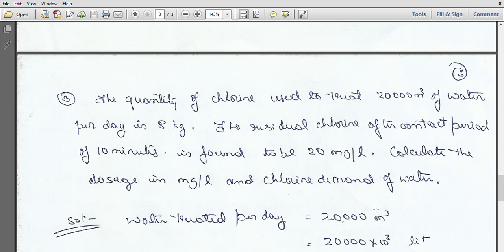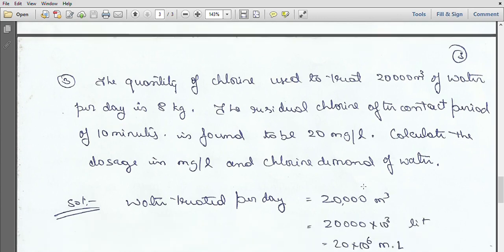For treating 20,000 meter cube of water, chlorine required is 8 kg. So the residual chlorine after contact period of 10 minutes is found to be 0.2 mg per liter. Calculate the dosage in mg per liter and chlorine demand of water.